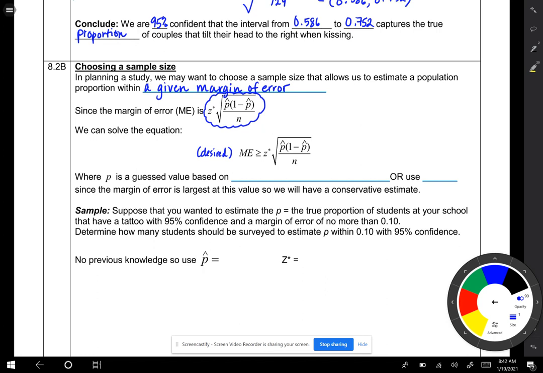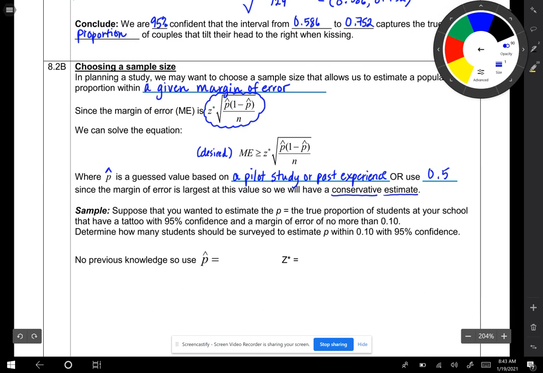And here I do need to put that p hat is a guessed value based on a pilot study or past experience, or use 0.5 since the margin of error is largest at this value, so we have a conservative estimate. So if you don't know, you can always use 0.5 for p hat.